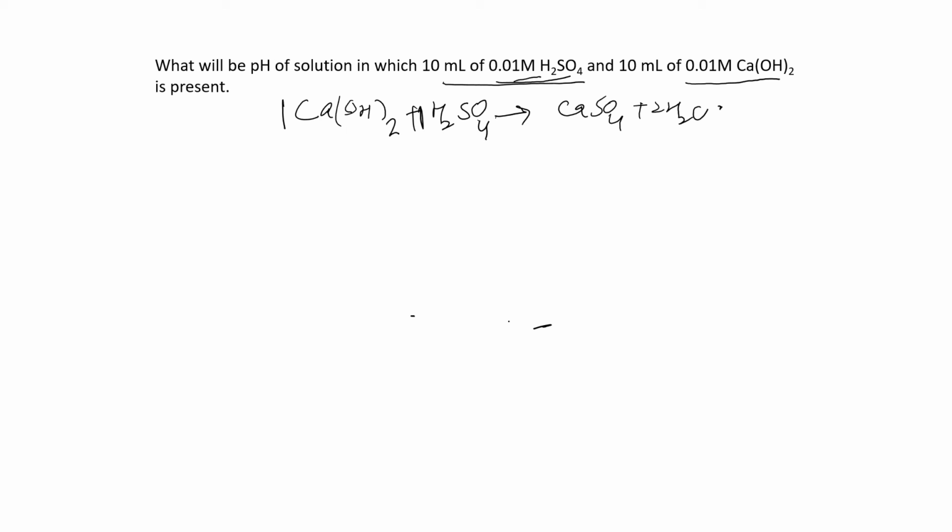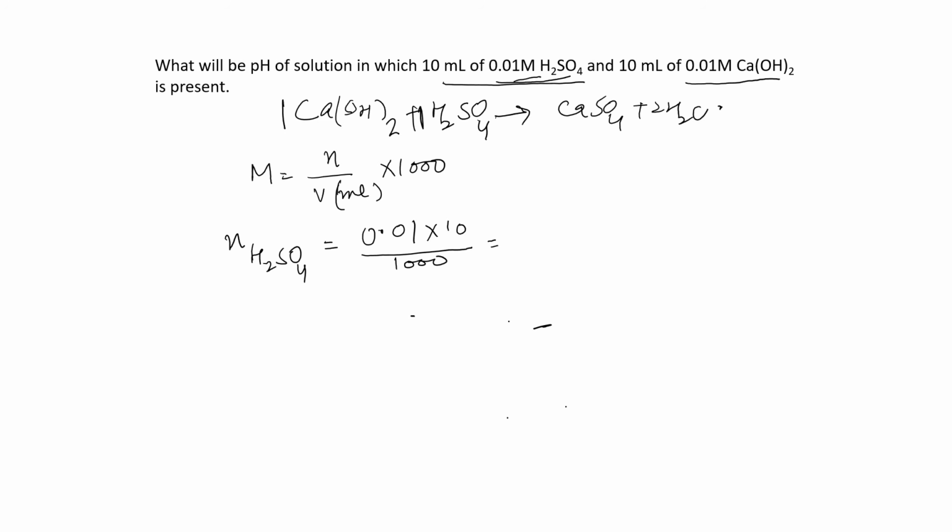Now let us see how many moles of H2SO4 are present in 10 ml of 0.01 molar H2SO4. Molarity is equal to number of moles upon volume in milliliter into 1000. So the number of moles of H2SO4 are equal to 0.01 into 10 divided by 1000. So it comes out to be 0.1 into 10 raised to minus 3 mole.